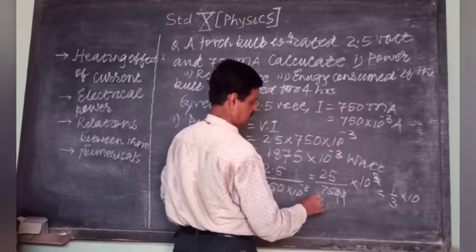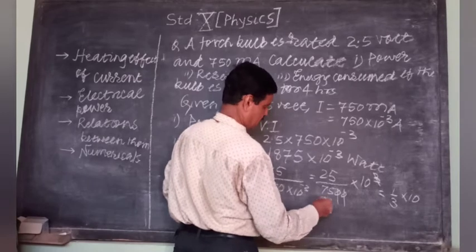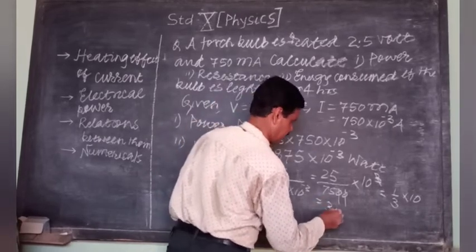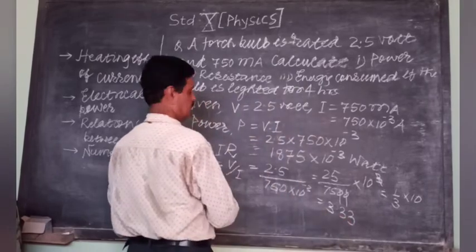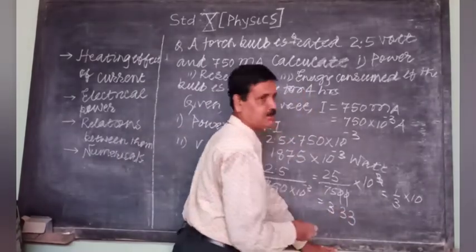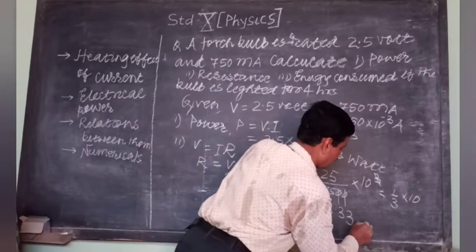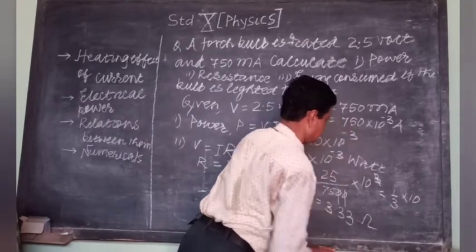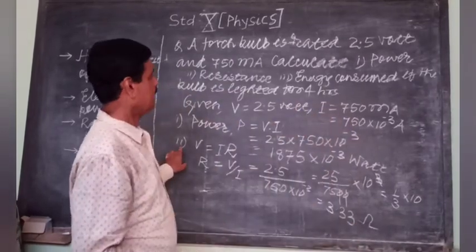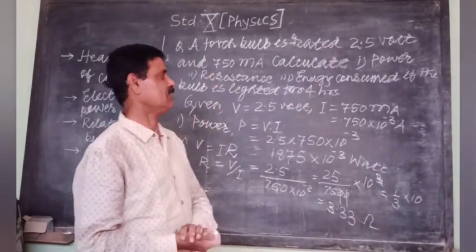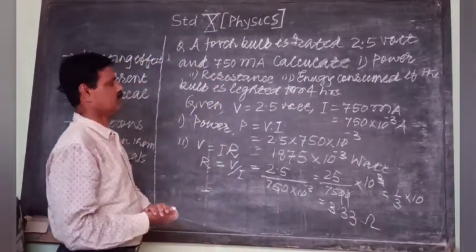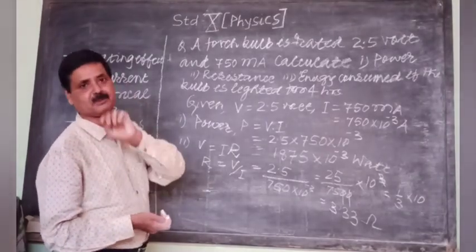So it will be 3.33. Resistance, unit of resistance, ohm. Clear? Third item, that is, you have to calculate energy consumed if the bulb is lighted for 4 hours.